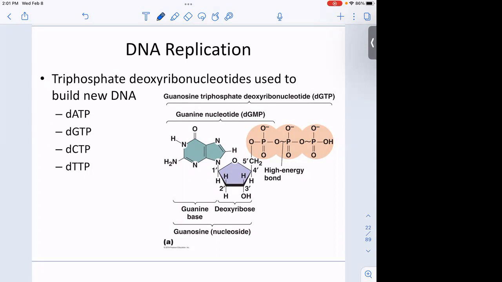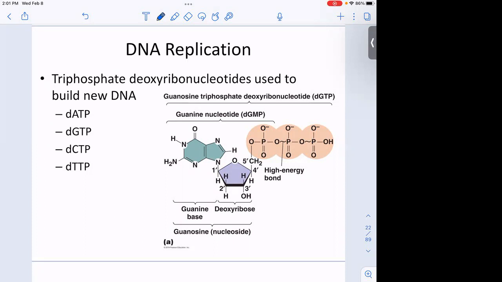Those new monomers that are added to this growing DNA strand are actually triphosphate nucleotides. Okay, so bear with me, the terminology gets a little bit cumbersome here, but these nucleotides actually carry with them the energy that's necessary for the polymerization reaction.